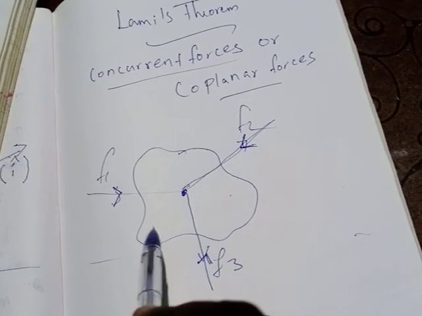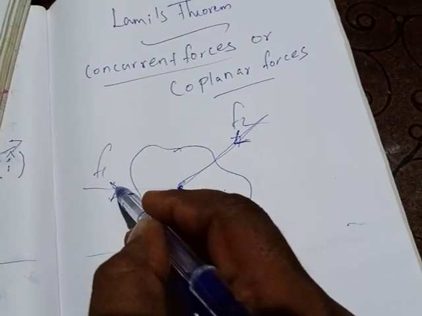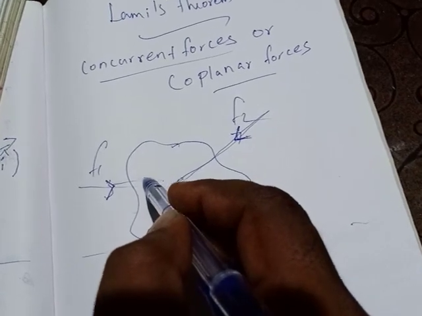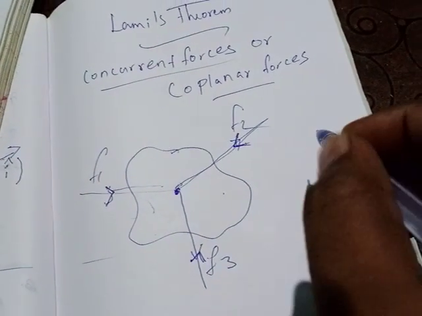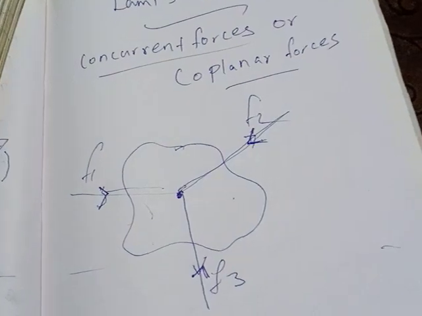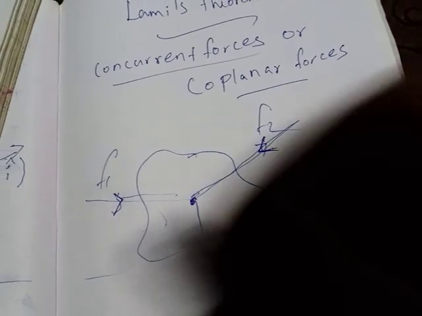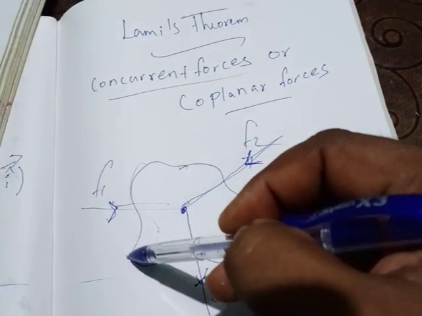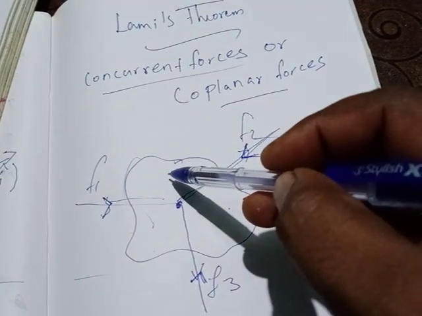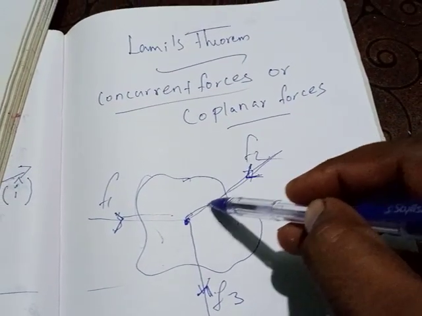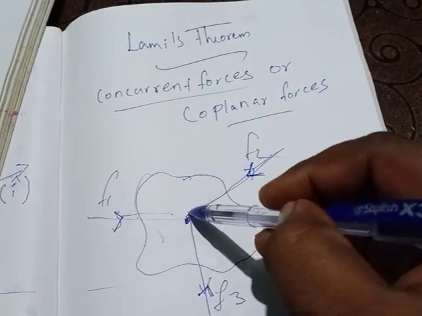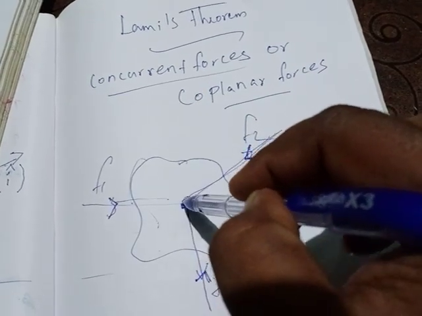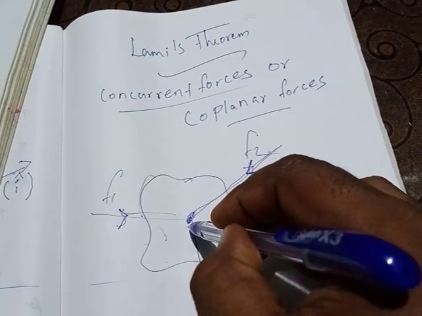If they are in the same plane, we can tell that they are concurrent forces, or you can tell coplanar forces. Assume that this is on a surface, here different forces acting, and all these forces are acting at a common point, so this is concurrent.